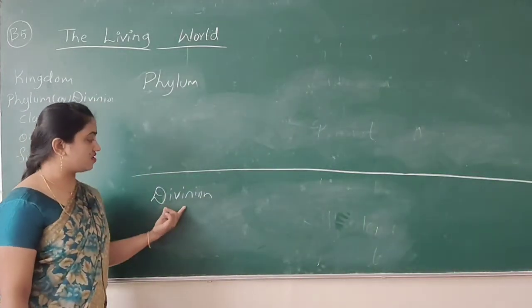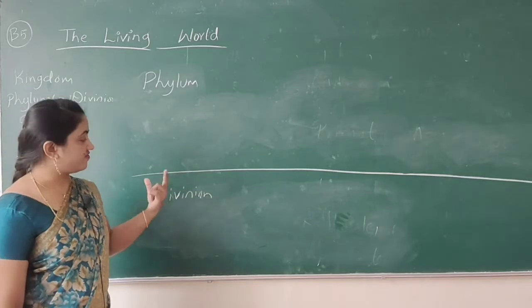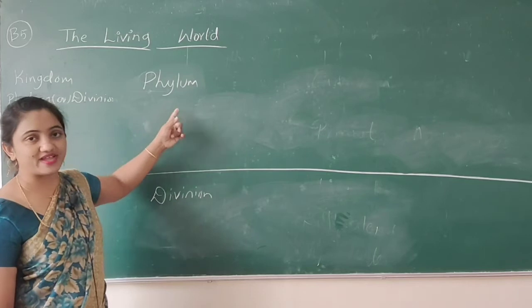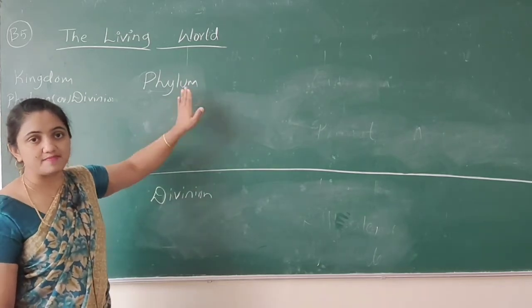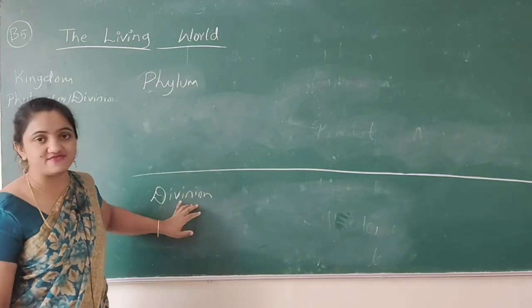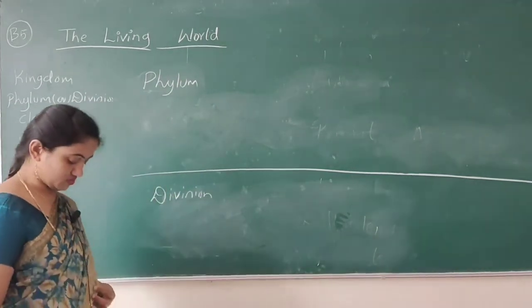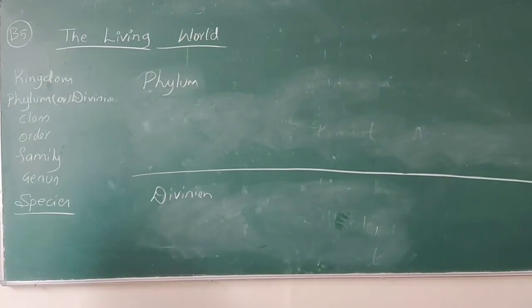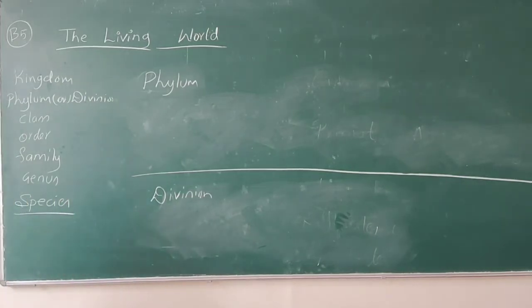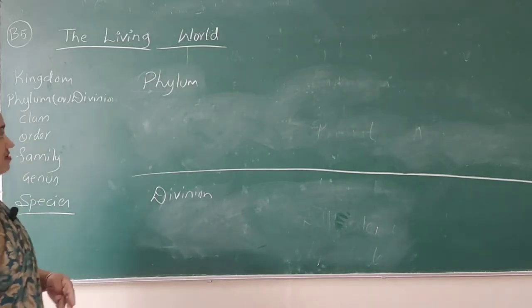If we are going to classify plants, we have to write the name division, not phylum. If we are classifying animals, we have to write the name phylum, not division. The phylum includes a number of classes. Class Mammalia, one class, we already know about this. Like that, a number of classes are there.